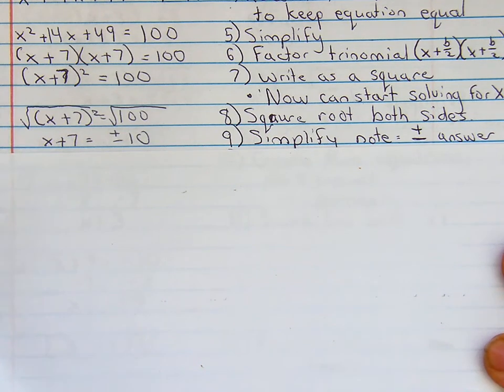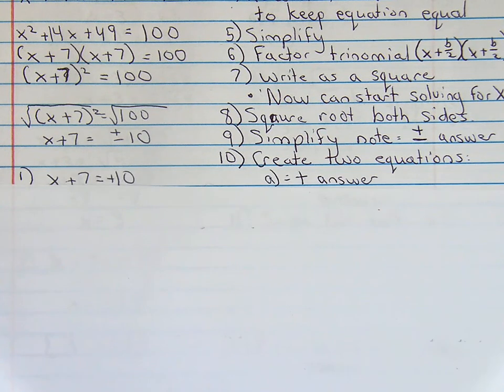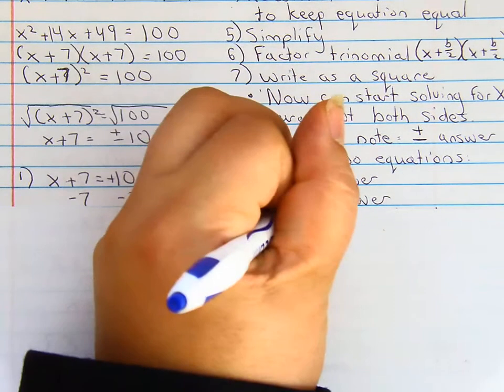And as from previous situations of how to solve using the square root, we now have to create two equations. We're going to create one equation with the positive of your answer and simplify. And then we're going to create a second one with the negative of your answer.